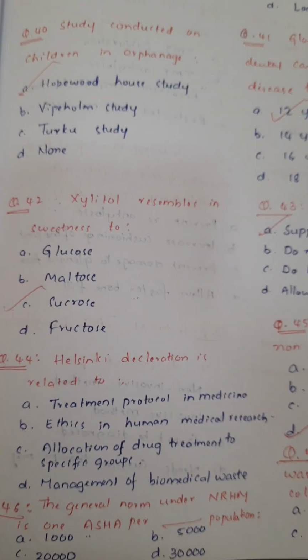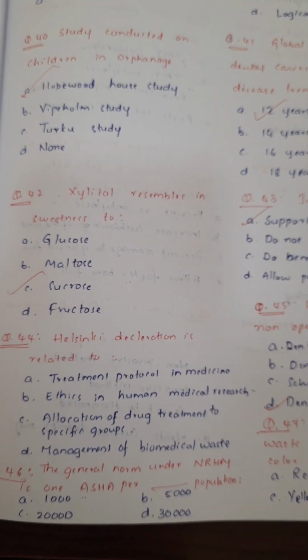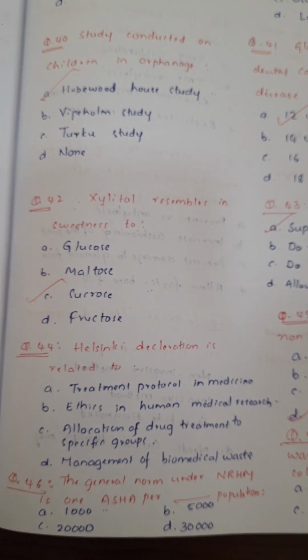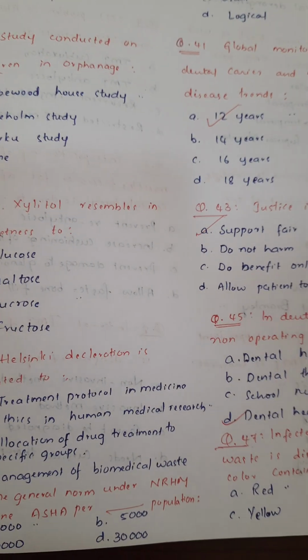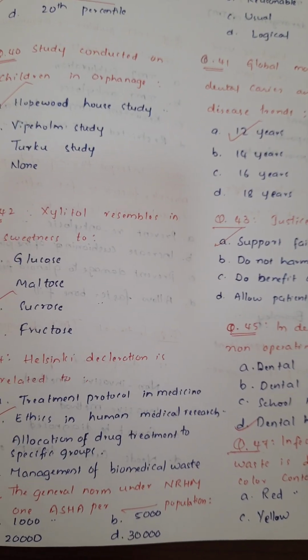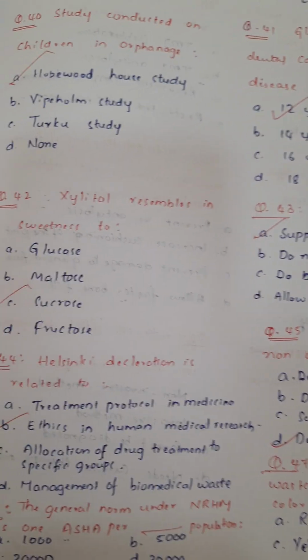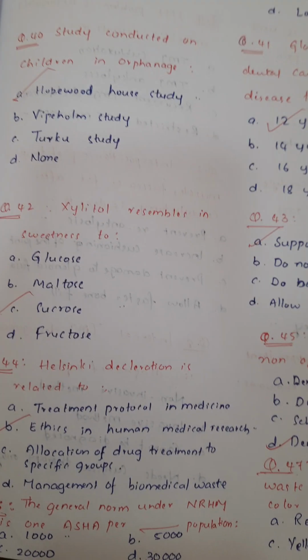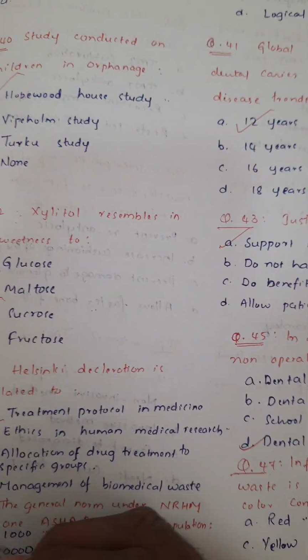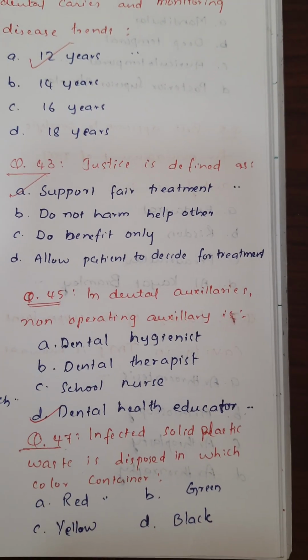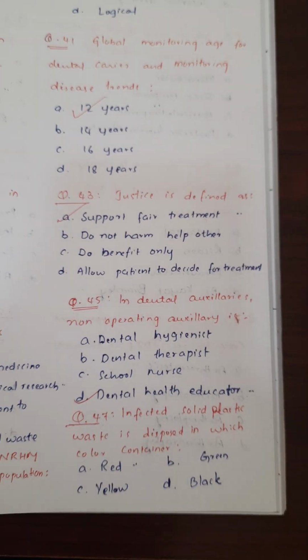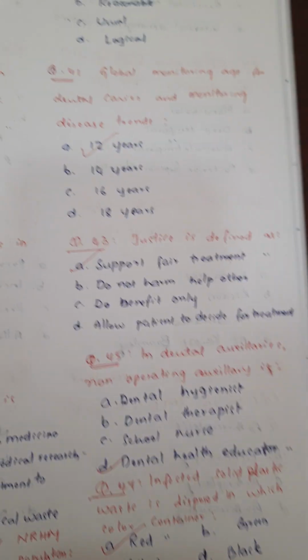Helsinki's declaration is related to ethics in human medical research, and the general norm under NRHM is 1 ASHA per 1000 population. And infected solid plastic waste is disposed in which color bins? And the answer is red color.